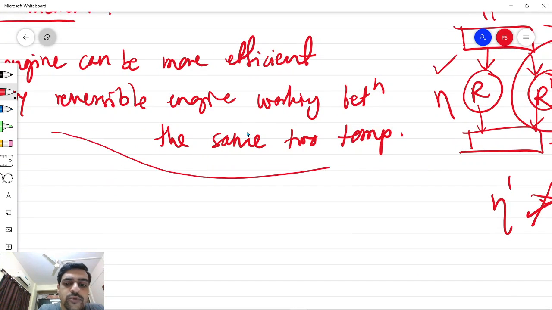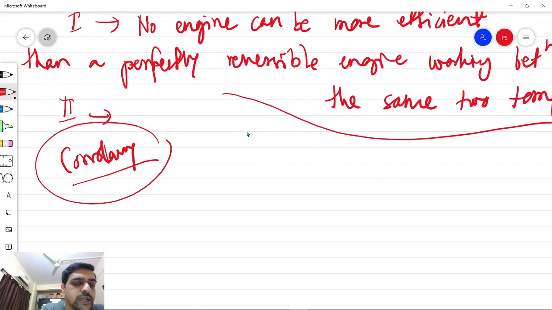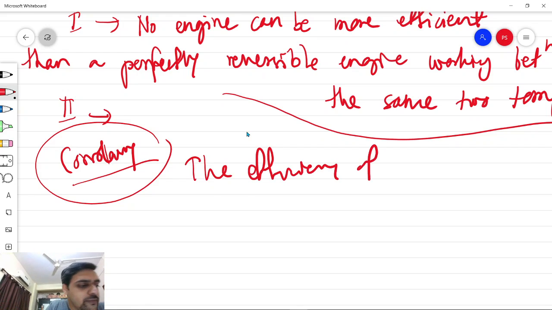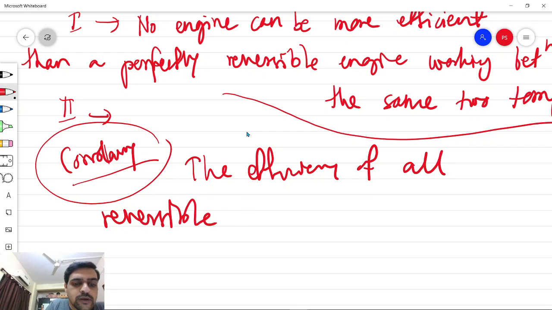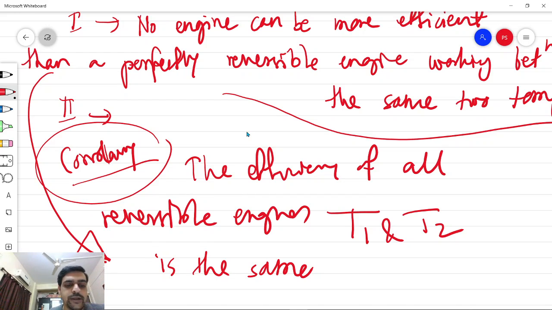Now we are going to prove this first part, but before that let us also see what the corollary states. It states that the efficiency of all reversible engines working between the same two temperatures T1 and T2 is the same. So this is an extension of the original statement.